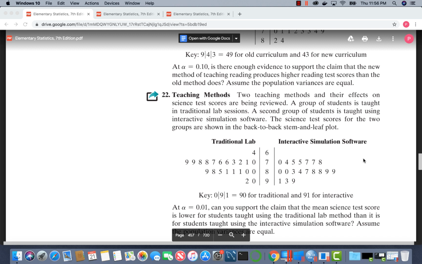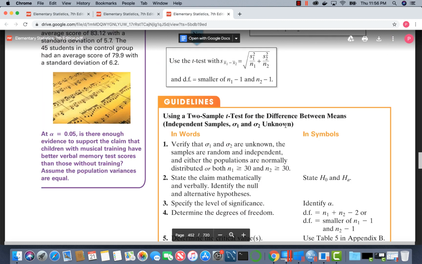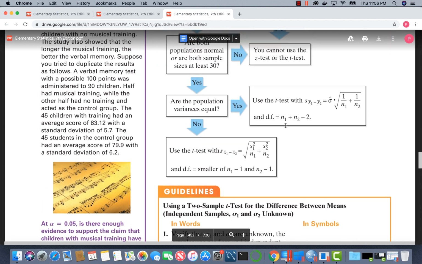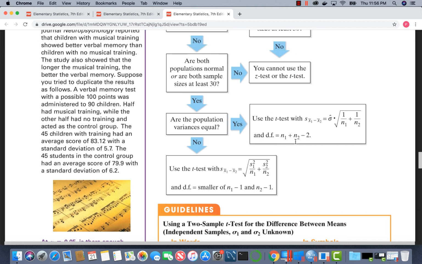If we assume the variances were equal, let's look at the degrees of freedom. If the variances were equal, the degrees of freedom is n1 plus n2 minus 2.